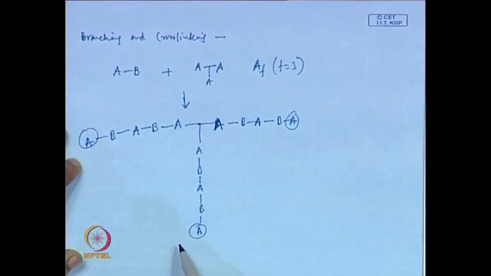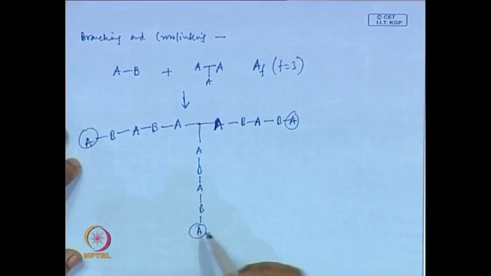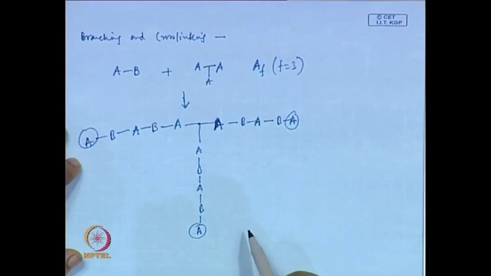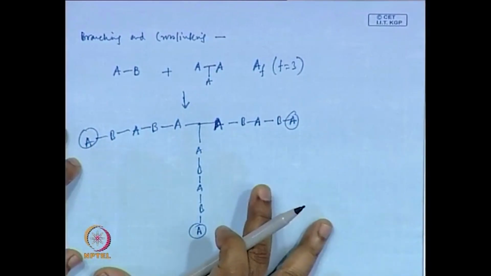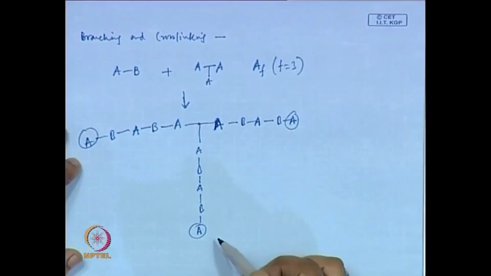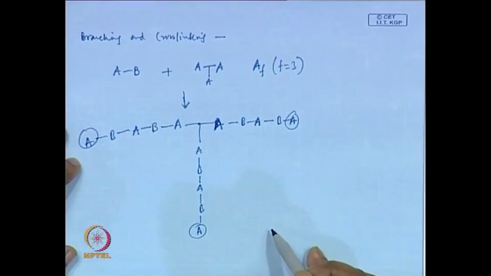No. If this branch has to react with any other polymer chain, it has to find a B group to react with, but there is no polymer chain having a free B group at the end, which means it cannot undergo reaction with another chain, and in this case there would not be any cross linking between two polymer chains.